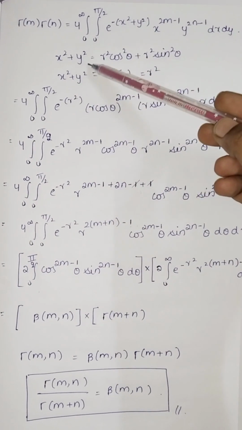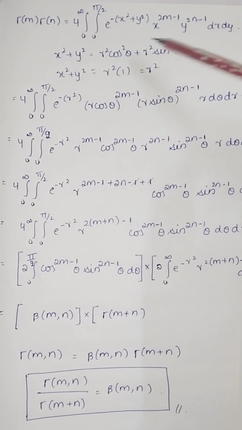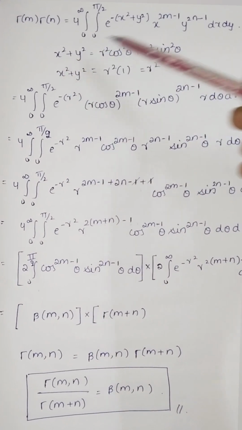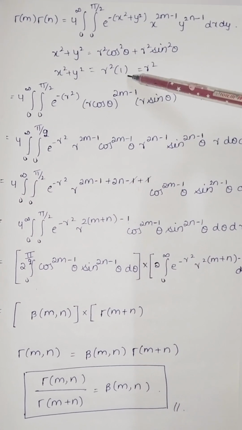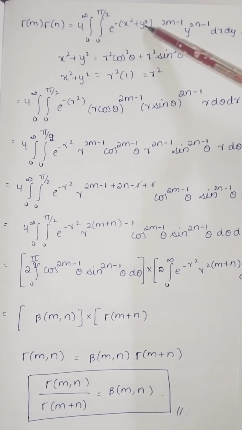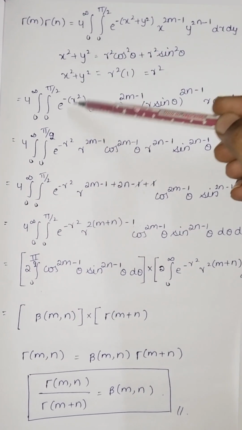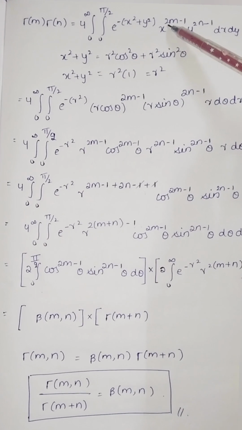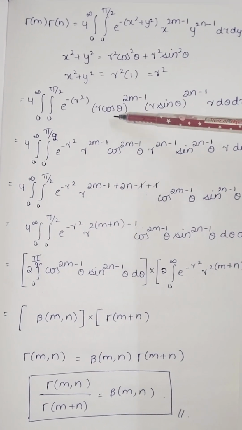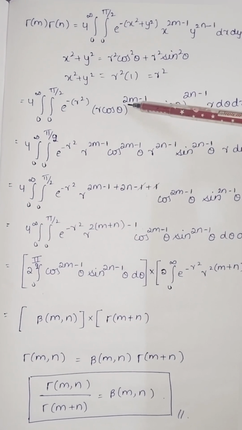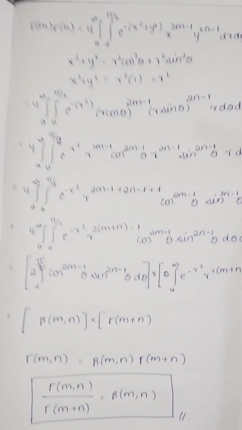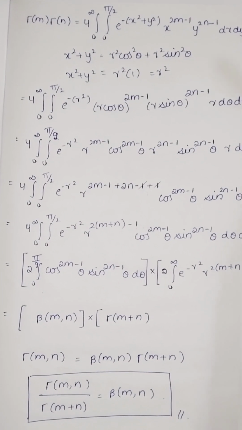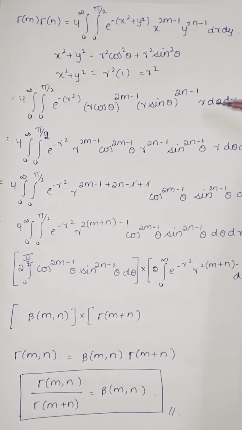And x square plus y square, with x is equal to r cos theta and y is equal to r sin theta, so squaring, r square cos square theta and r square sin square theta, then sin square theta plus cos square theta is 1, therefore it becomes r square, so e to the power minus r square. x is equal to r cos theta, so r cos theta whole to the power 2m minus 1 and r sin theta whole to the power 2n minus 1, into dx dy is r dr d theta.